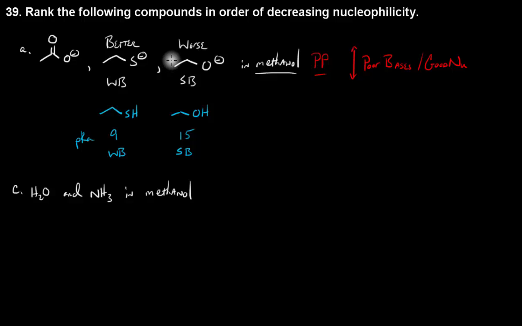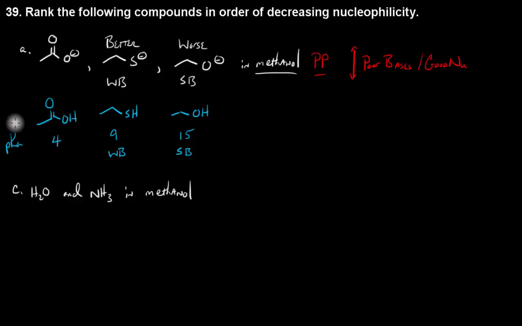So it's going to be easy to compare this carboxylate to this ethoxide. Let's think about the pKa of the conjugate acid of this one. We have our carboxylic acid, OH, and it's going to have a pKa of 4. So between the carboxylic acid and the ethanol, the carboxylic acid is going to be the stronger acid.